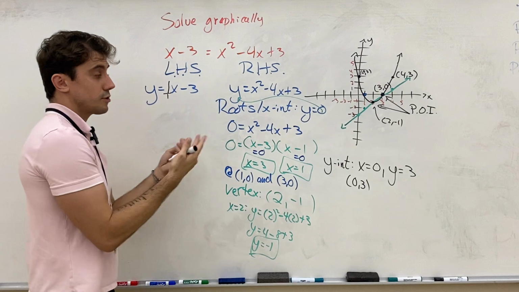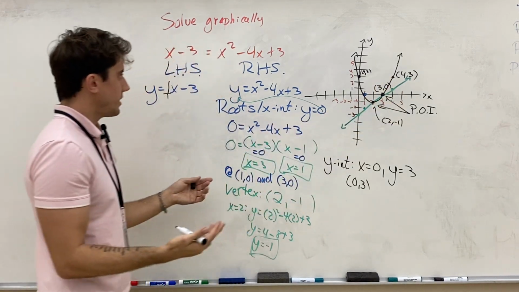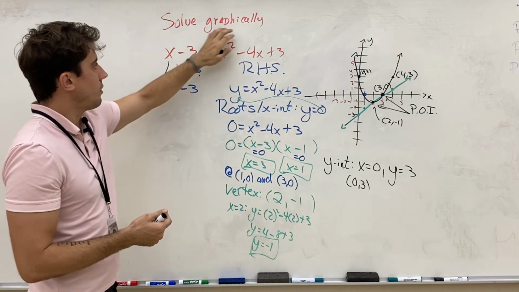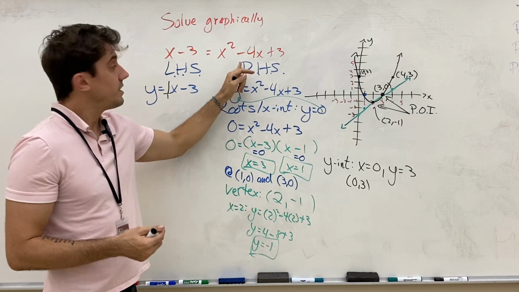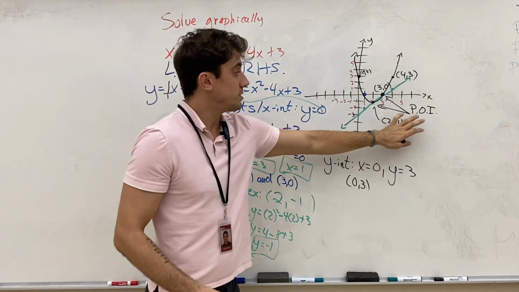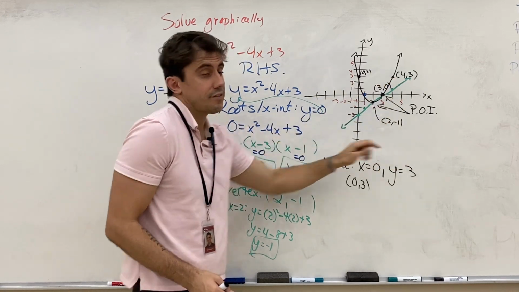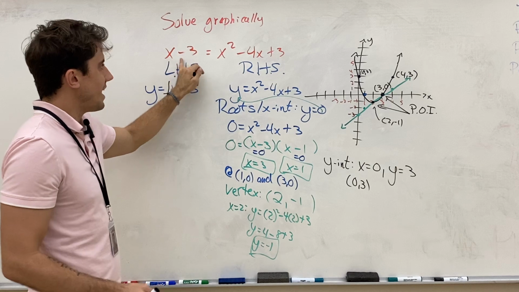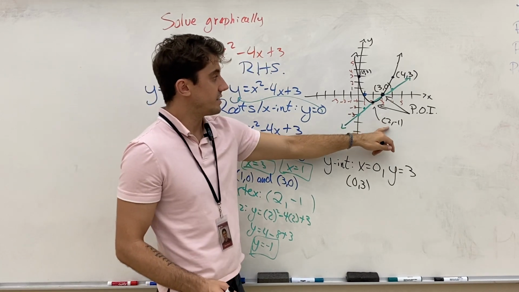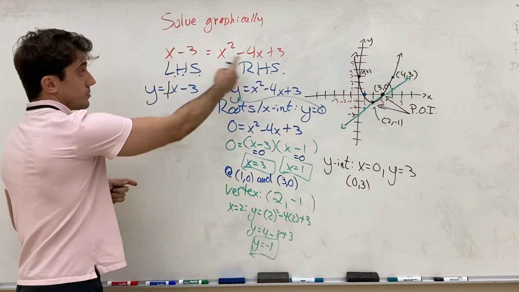Those are the 2 points where the 2 curves cross, but in the name of being precise with what we're being asked to do, we're looking to solve this equation after all. And this equation makes no mention of y, right? These 2 points of intersection give us an xy pair for the coordinates of the point on a graph. There's no mention of y here, we just want the x values that solve this equation, and so we only need to consider the x-coordinates of our points of intersection because we're just trying to solve this equation in x.